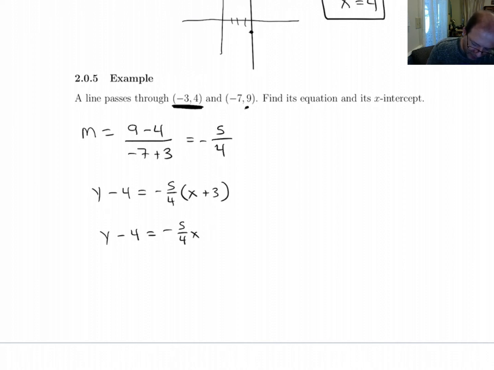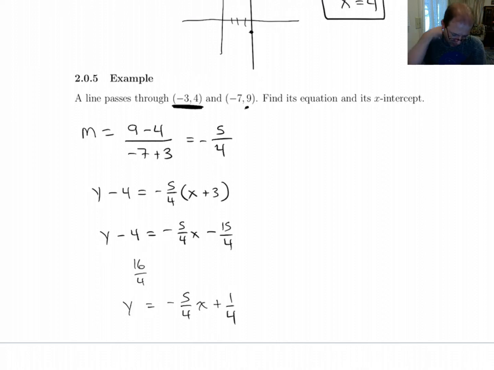Let's see, 3 times 5 is 15. 4 is, no, 4 is 16 over 4. So get -5/4 x plus 1/4. By adding that 4 onto both sides.